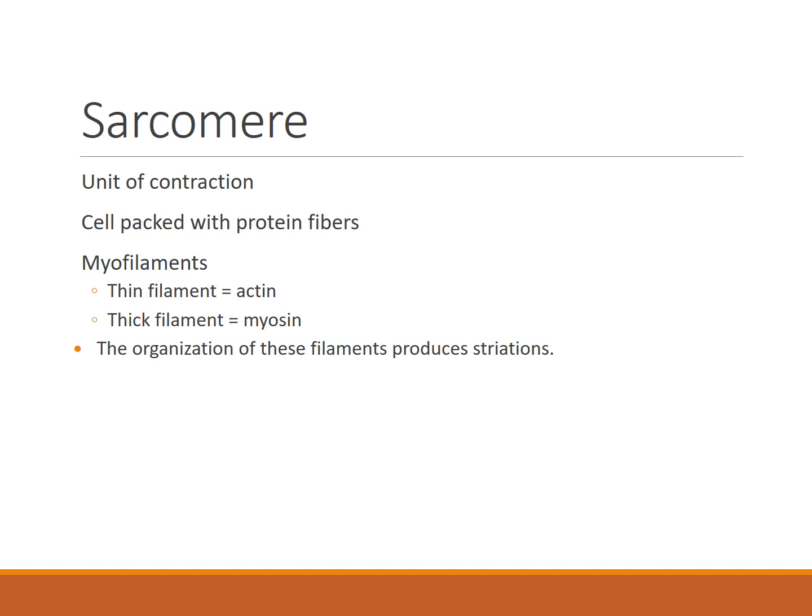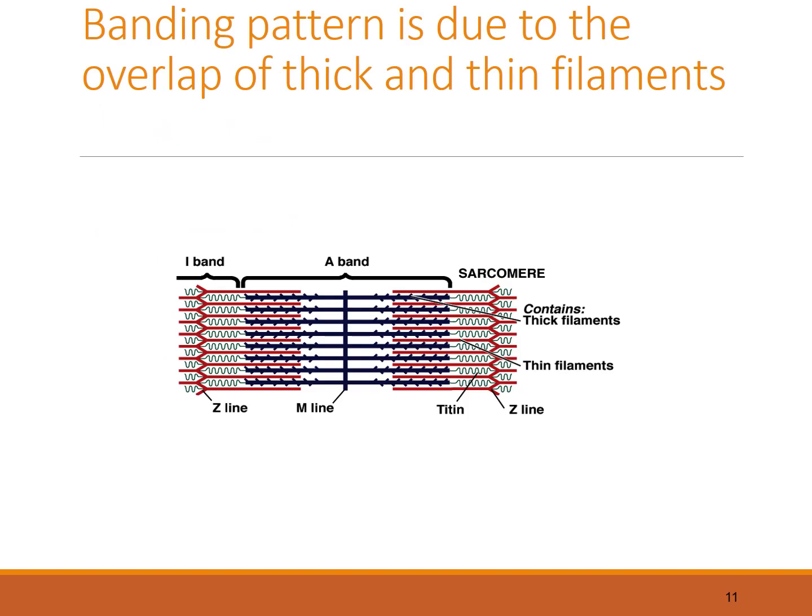These are protein filaments. There's the thin filament, which is called actin. I remember tin sounds like thin. And the thick filament, which is called myosin. And it's the arrangement of these filaments that produces striations or a striped-like appearance. This banding pattern or striations is due to the overlap of the thick and thin filament.